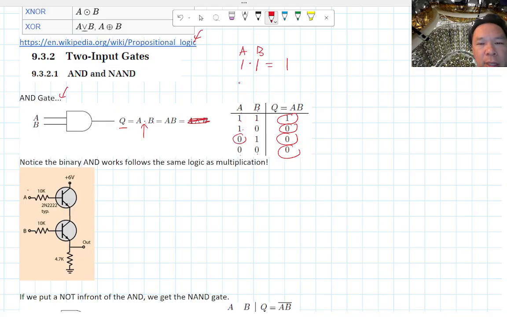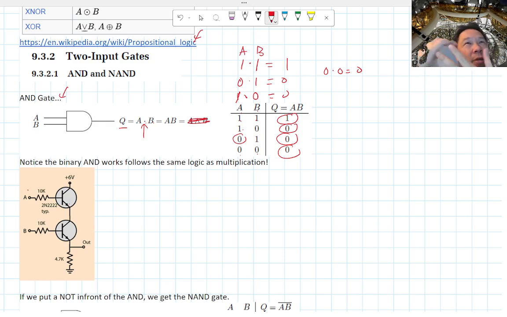Because if A is 0, even if B is 1, you still get 0. If B is 0, A is 1, 1 times 0 is still 0. And of course, 0 times 0 is always going to be 0. So basically an AND is the same logic operation as multiplication in binary. So make sure you don't mix this up, because you would think AND is like, oh, you're adding things together, but it's not. It's actually the OR gate that adds.